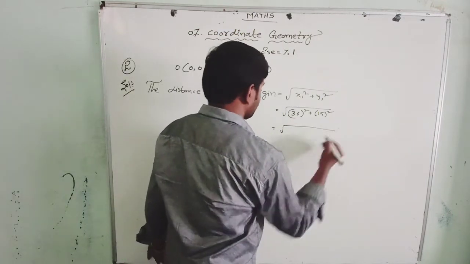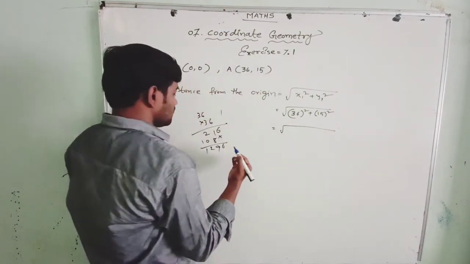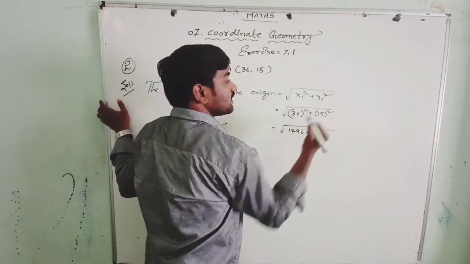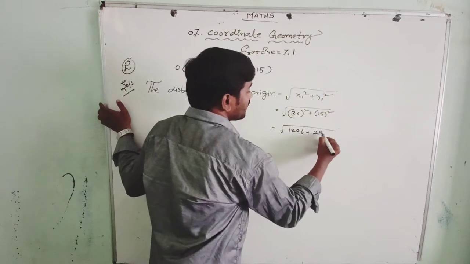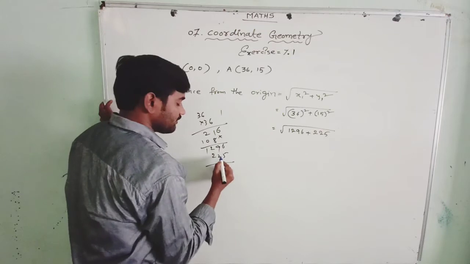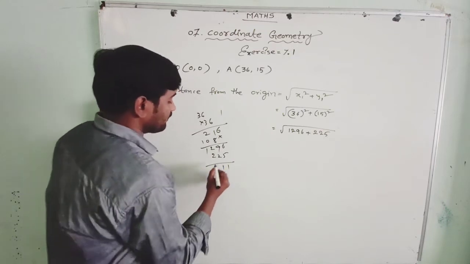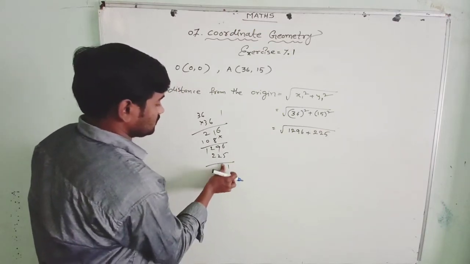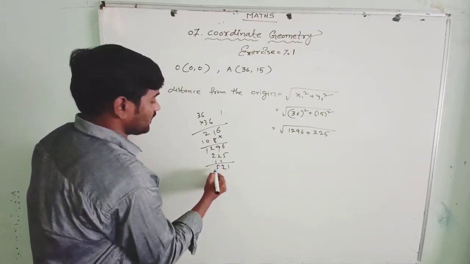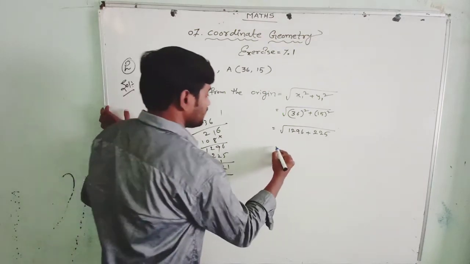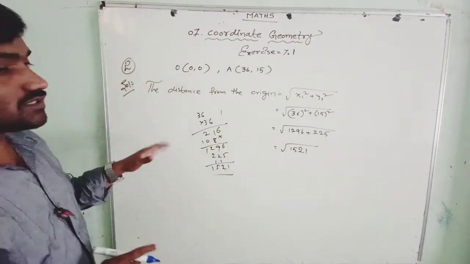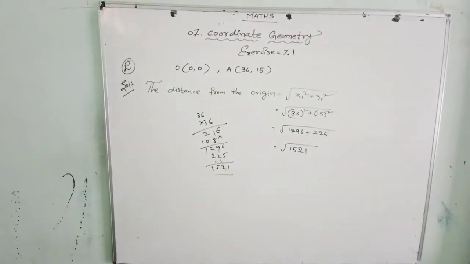So under root of 1296 plus the value of 15 square, 225. 1 carry, 10, 12, 1 carry, and it is 5 and 1. 1500 under root of 1521. So this is the square root of 1521, that is the distance.